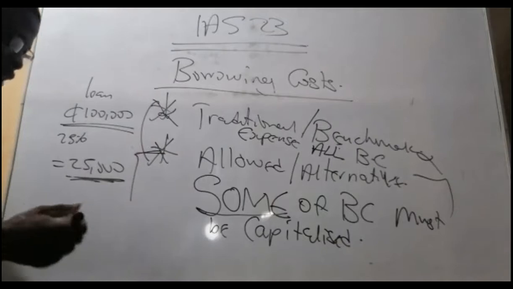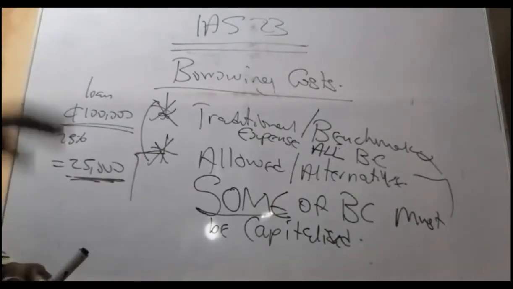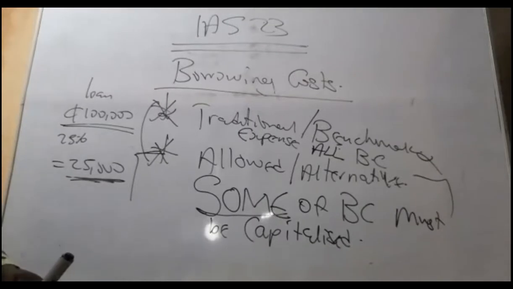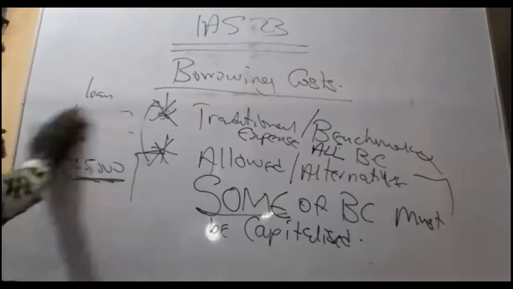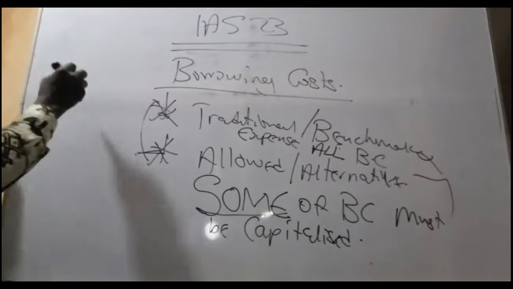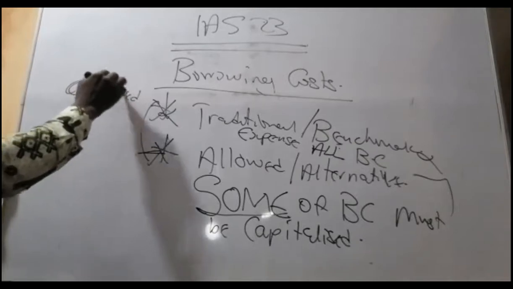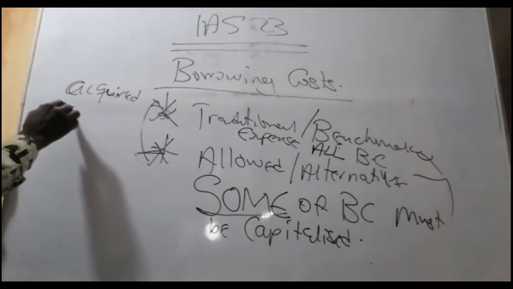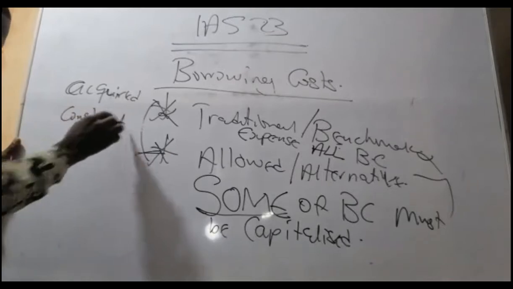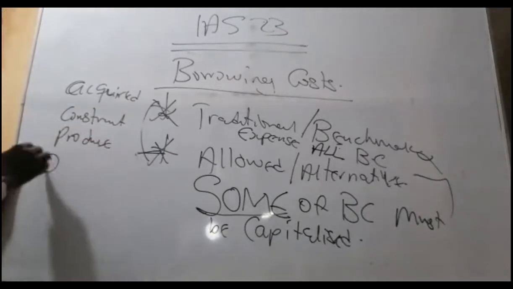Now, the borrowing costs that are eligible for capitalization are the ones that you secured, or the funds that you contracted, to one, acquire, two, construct, and three, produce qualifying assets.